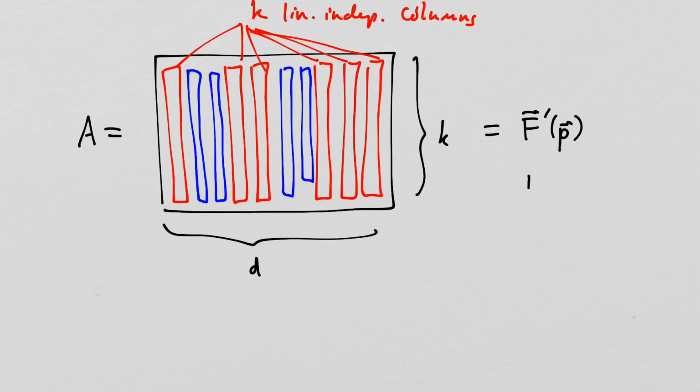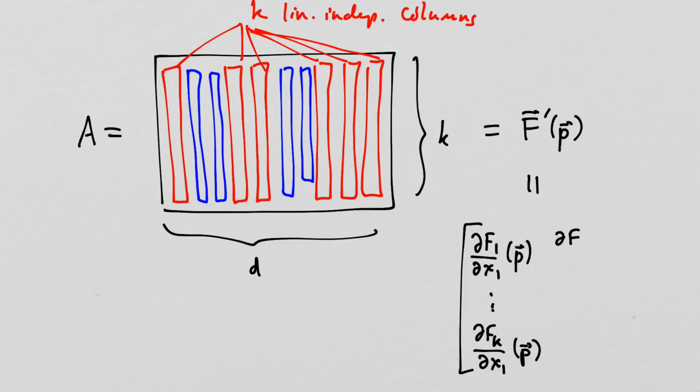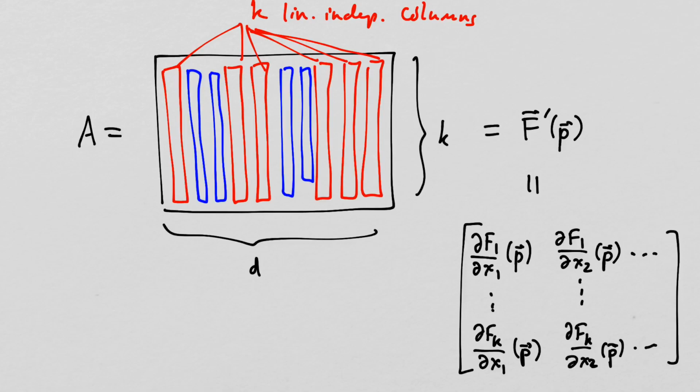And if you think about what that looks like, this would be df1 dx1 at p down to dfk dx1 at p. Then you'll have df1 dx2 at p down to dfk dx2 at p. So you see the pattern is that this first column here corresponds to the variable x1, because you're partially differentiating all the component functions, f1, f2, up to fk.